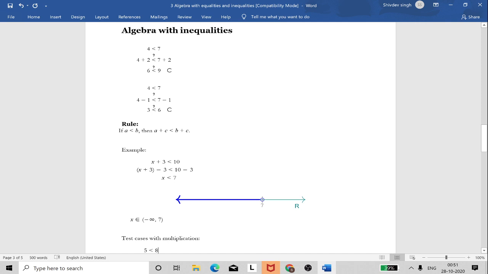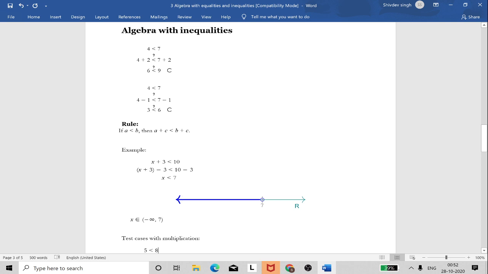Now, how do we depict this inequality on the number line? x plus 3 is less than 10. What have we done? We subtracted 3 from both sides. We have got x is less than 7. Now, how do we depict this on the number line? That is, all those x which are less than 7. There are infinitely many numbers on the left side of 7.